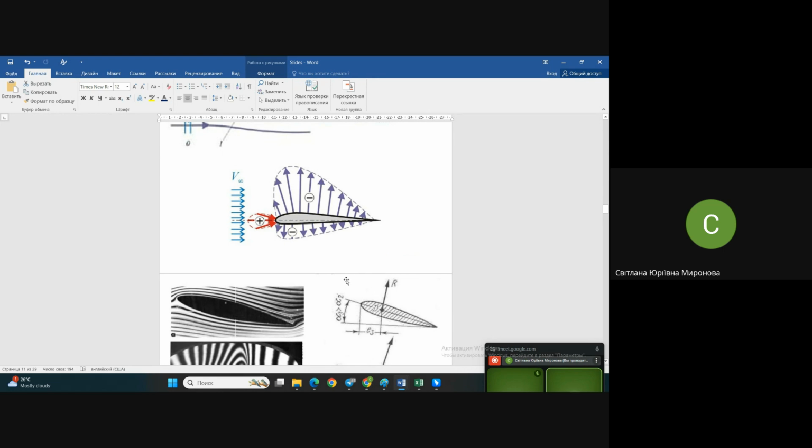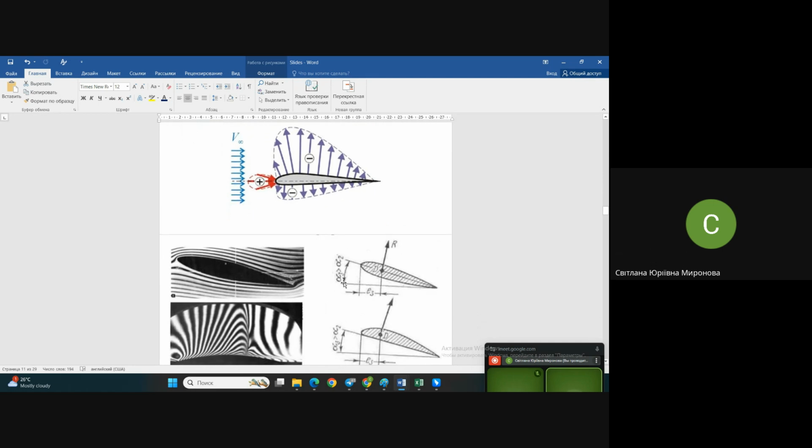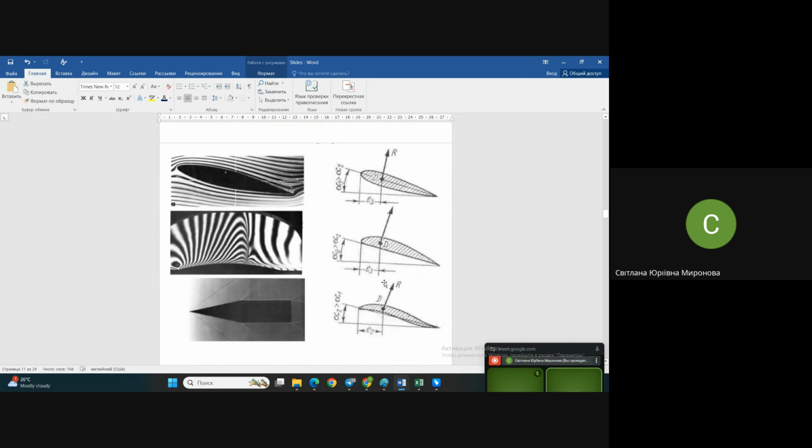For each profile, this place of center of pressure is different for each shape, whether it's a sphere, a plate or an airfoil. For each object, this point is different. But moreover, this point is not stable.